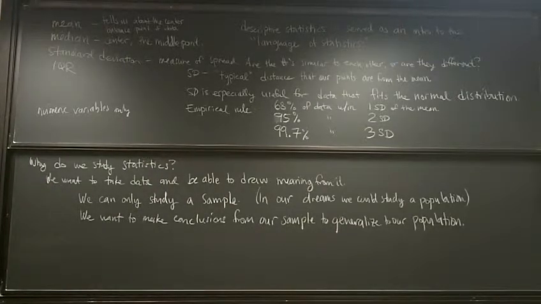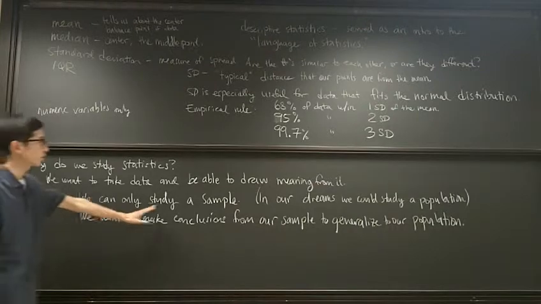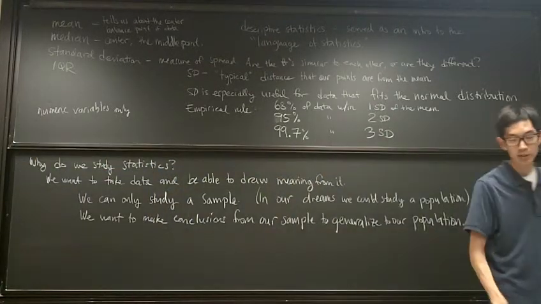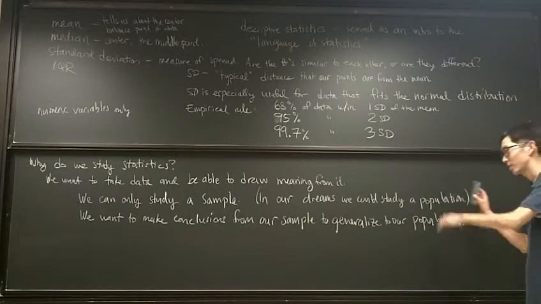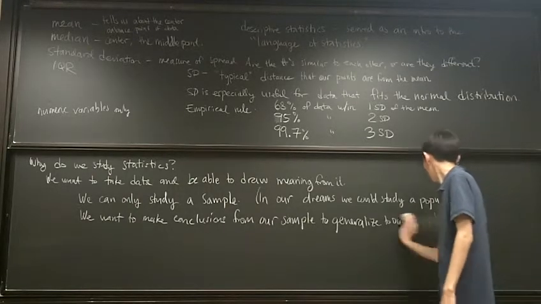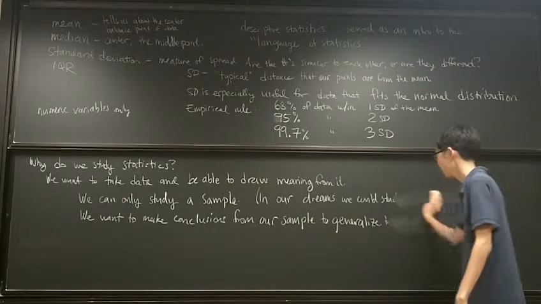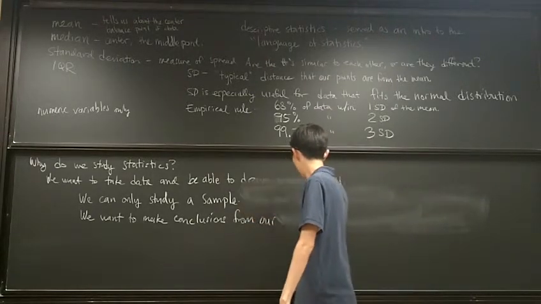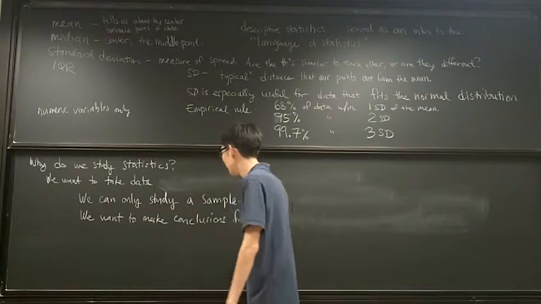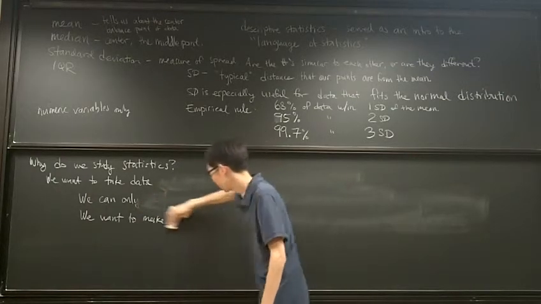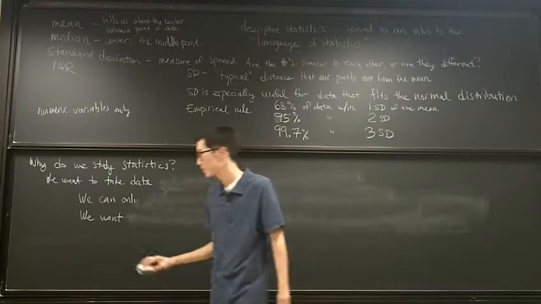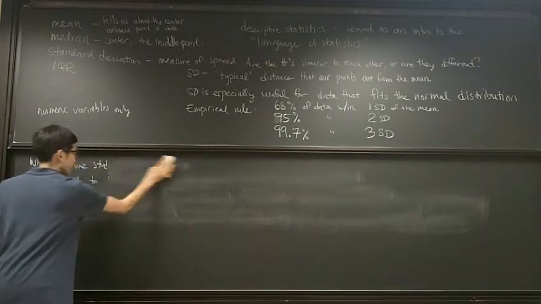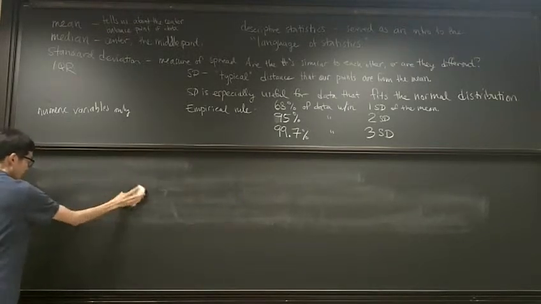But remember, all of this is because we want to make conclusions from our sample that we can generalize to our population. This is our driving motivation, okay? And so we took some detours and we learned about probability and all of those rules that we love, and the normal distribution.